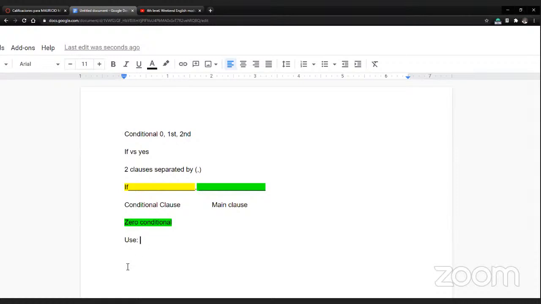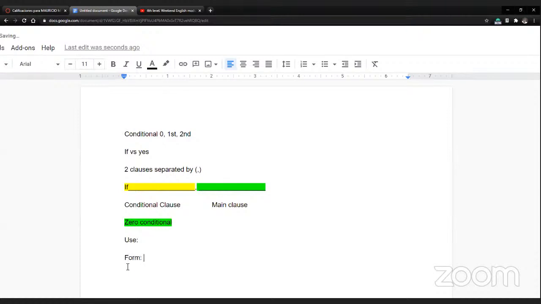If plus present simple plus present simple. Okay, so that is its structure. That's correct, but that is the form. The form means the structure.